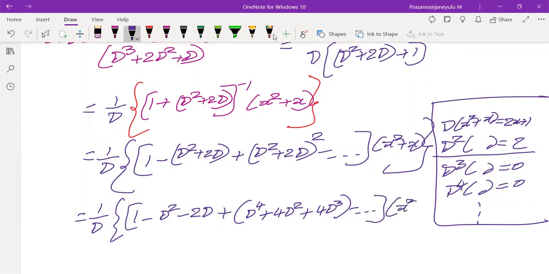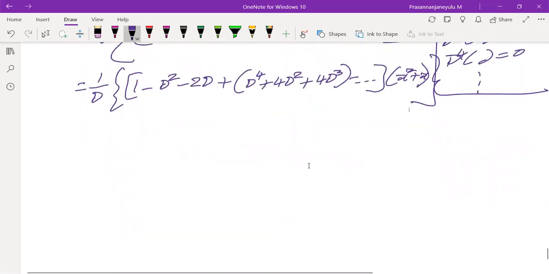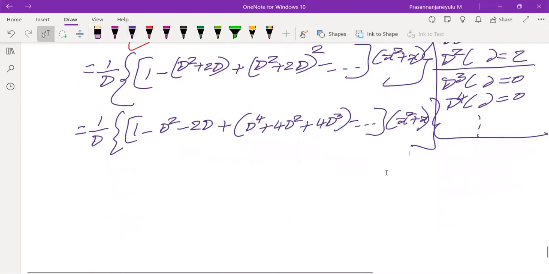Now we have to multiply all the terms with x square plus x. If we multiply all the terms with x square plus x, what is it going to become?